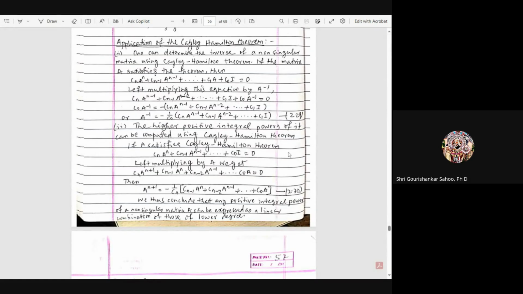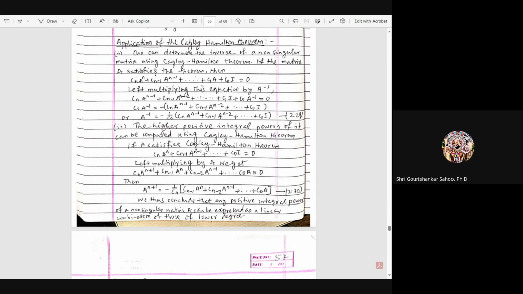Then application of the Cayley-Hamilton theorem. One can determine the inverse of a non-singular matrix using the Cayley-Hamilton theorem. If the matrix satisfies the theorem, then Cn A to the power n plus Cn minus 1 A to the power n minus 1, and so forth, plus C1 A plus C0 I is equal to 0.